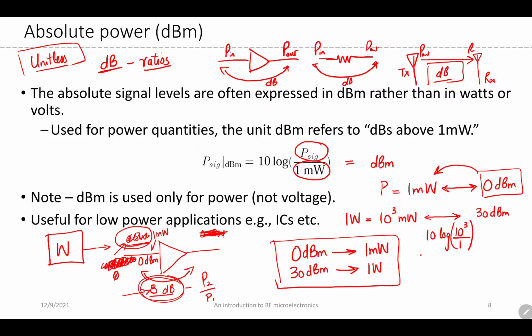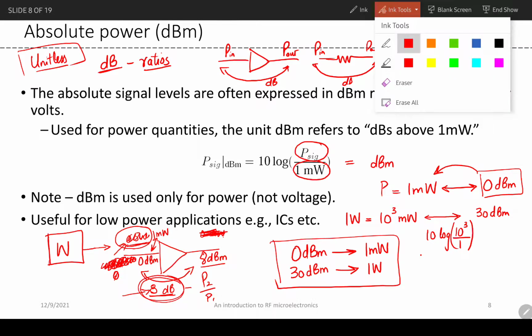So you have 0 dBm at the input. Now I say that you have a gain of 8 dBs. So it becomes easier for me. Now I can see the output is just 8 dBm. Simply add this, right? Now the arithmetic becomes easy. Instead of having to convert between ratios, you can now simply add and subtract things.